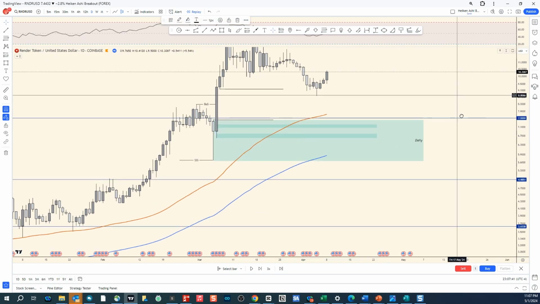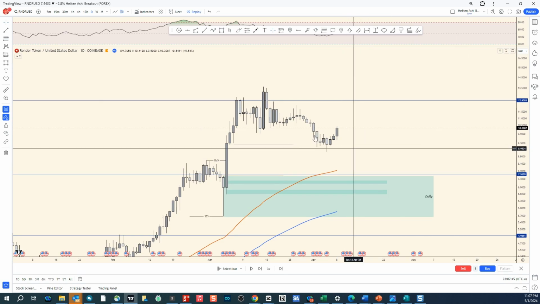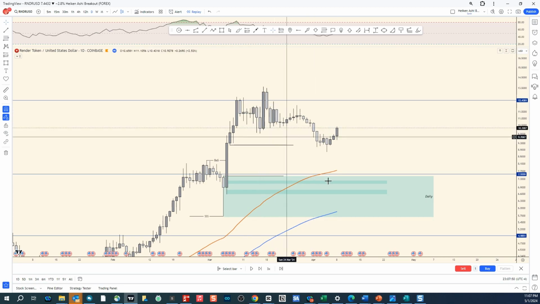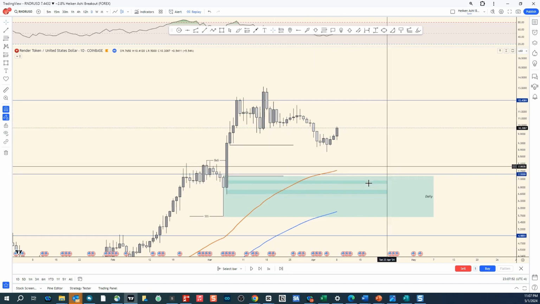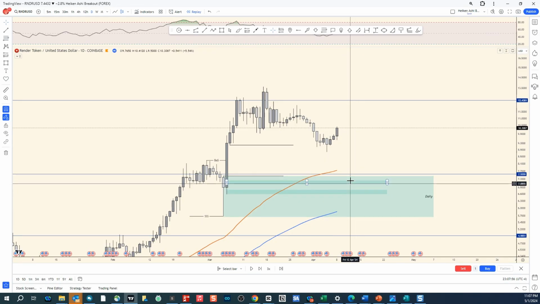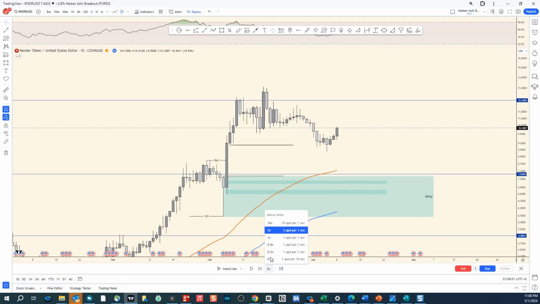All right. And so what we're expecting is from this point, we're looking at price essentially coming down into this area, particularly in the 1 hour buying areas, and then come back up. So we'll play this out here. I'm going to turn down the speed just a little bit.